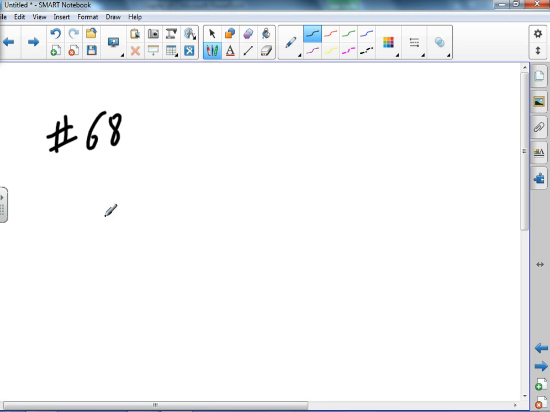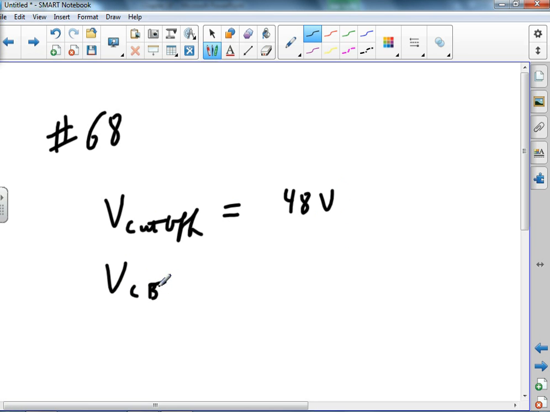Okay, so we're going to look at V at cutoff. So V at cutoff is going to be 48 volts. So the voltage collector to emitter with an open base is 48 volts.